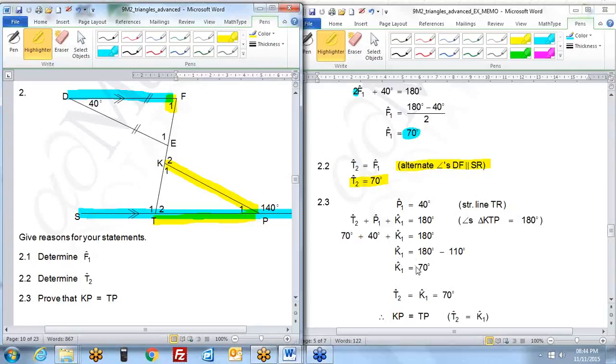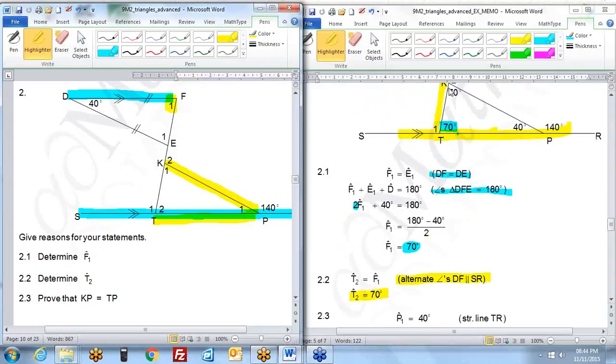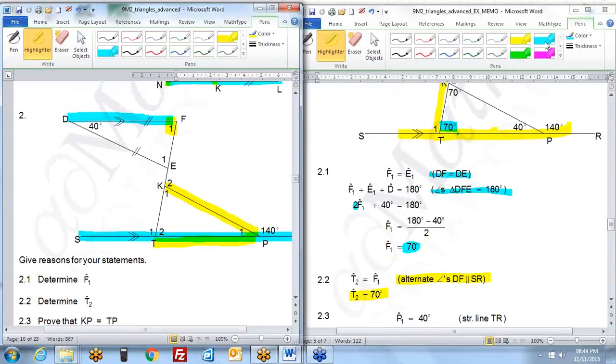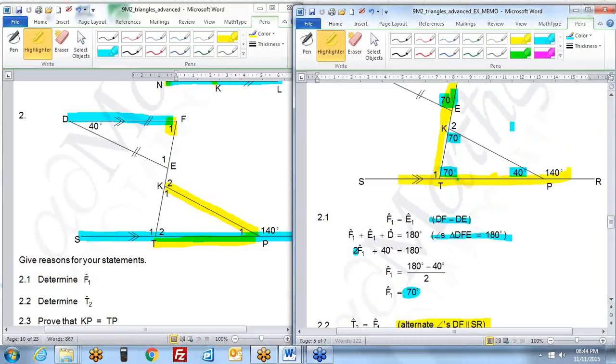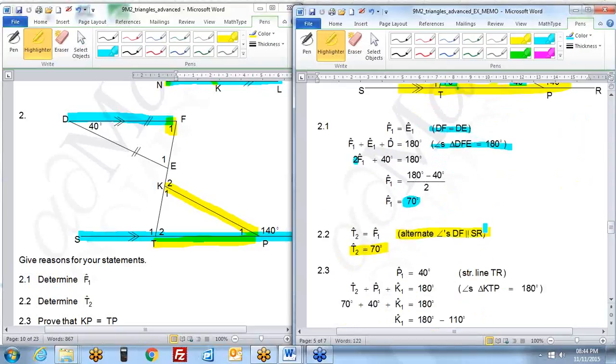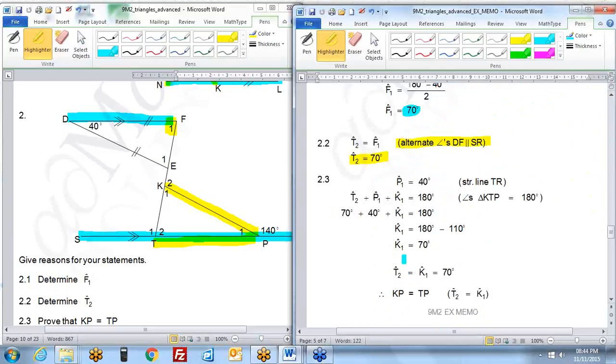Therefore, angle K1 will be 70 degrees. Alright, so now we determined the 70. So now we can say that KP equals TP, because angle T2 equals angle K1.